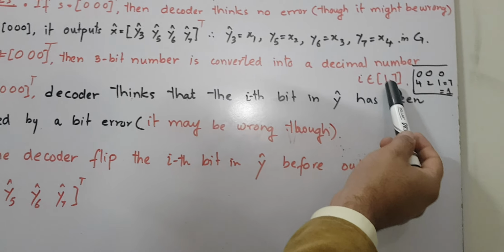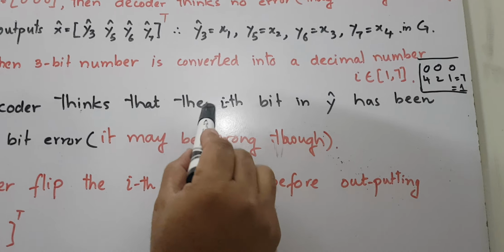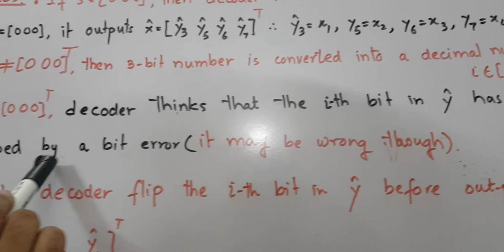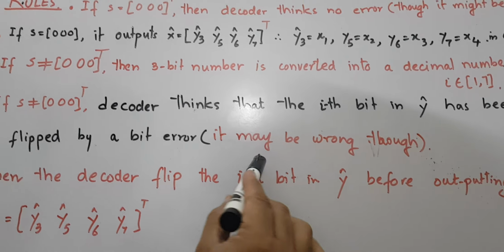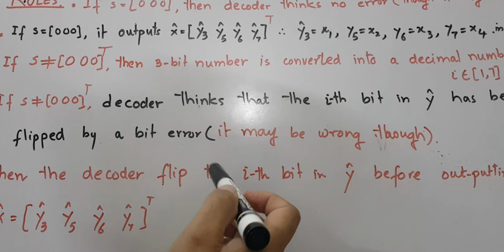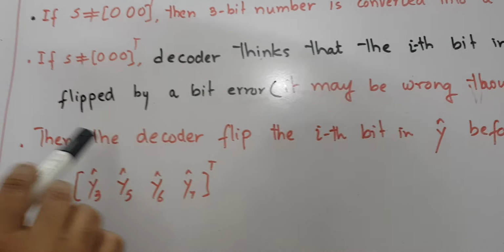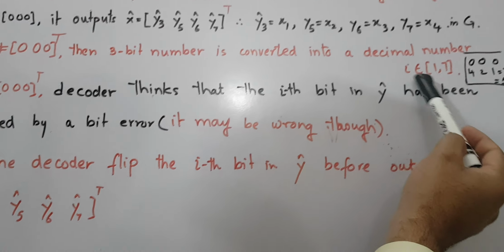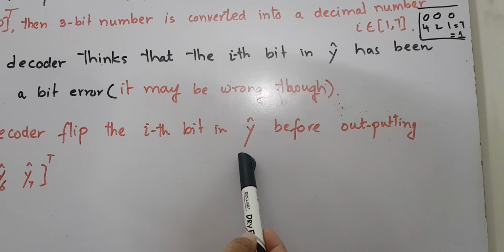If I is equal to 5, the decoder will think the fifth bit in y hat has been flipped. Again, it may be wrong, because it depends on the capability of the decoder and how many bits it can correct. Then the decoder flips the ith bit in y hat.